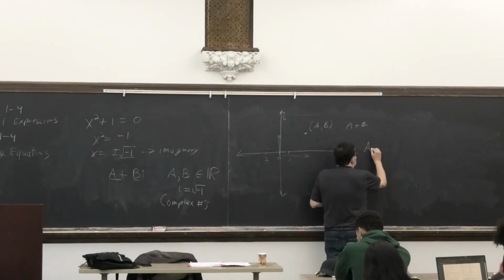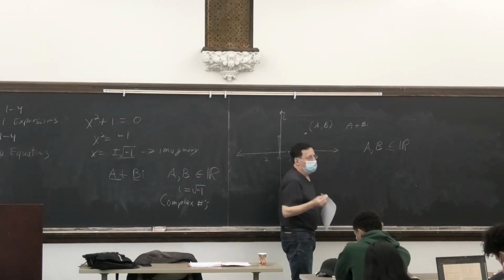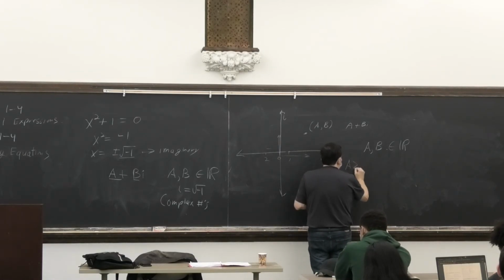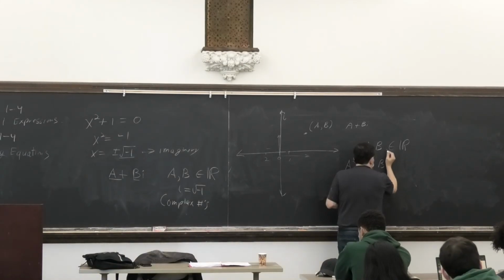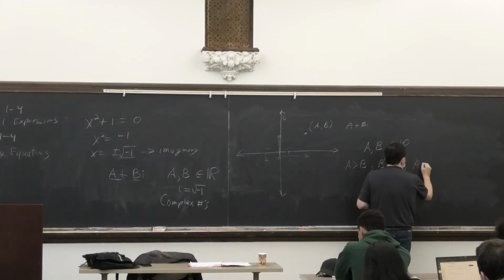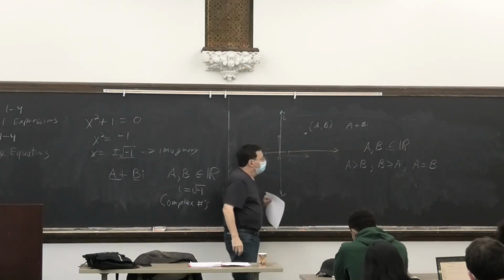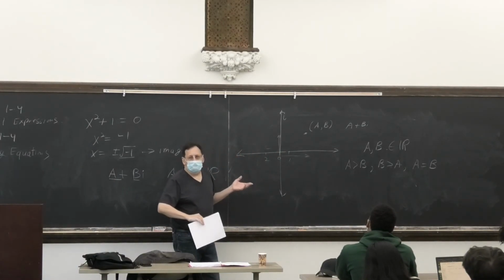For any two real numbers, one of three things is true: A is greater than B, B is greater than A, or A is equal to B. That's not true for complex numbers. They don't have a natural order.